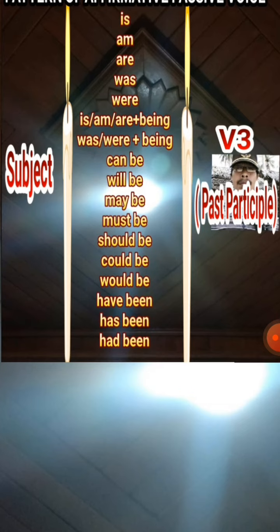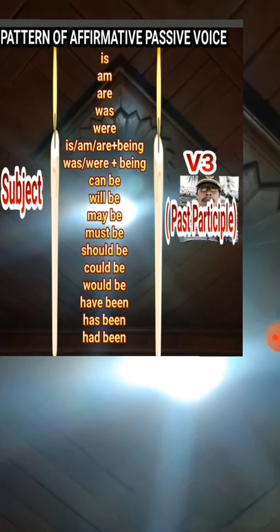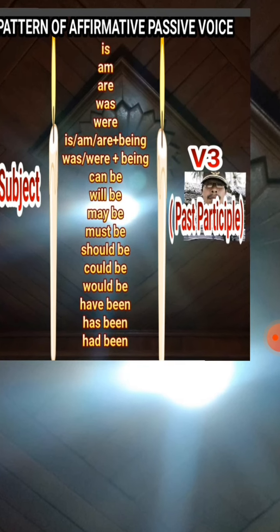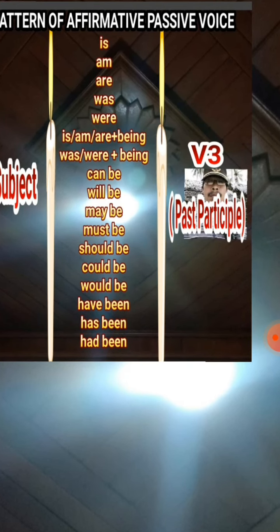And then in the sentence we use the third verb or past participle.